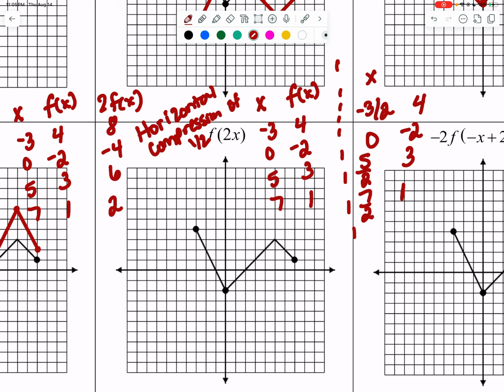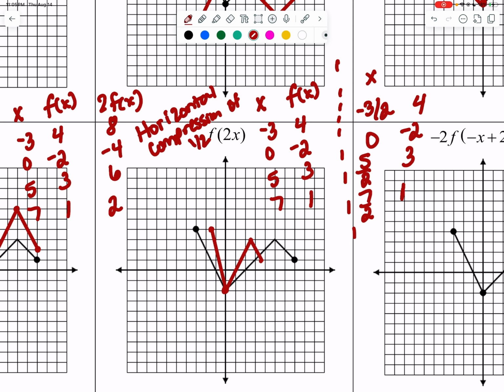So -3/2, 4 is this right here. 0, -2, 5/2, 3, so that's 2.5, 3. And then 3/2, 1. So you'll see that my graph is definitely skinnier. So this is a horizontal compression.